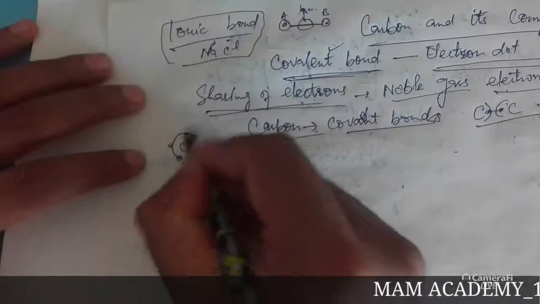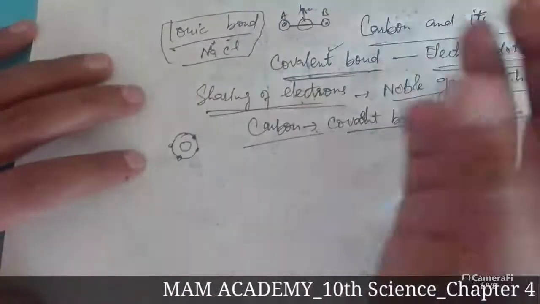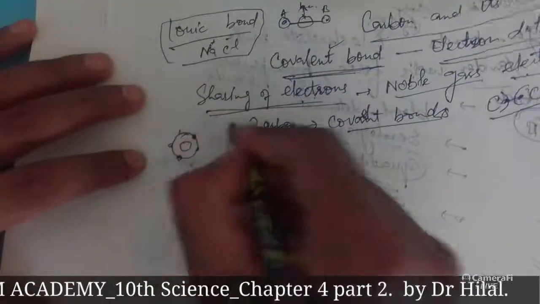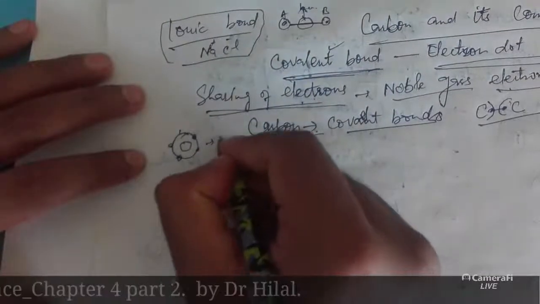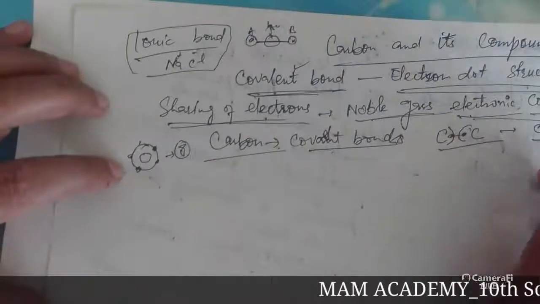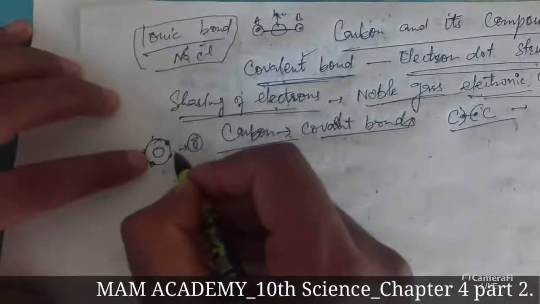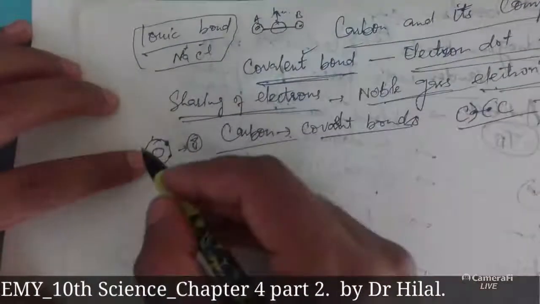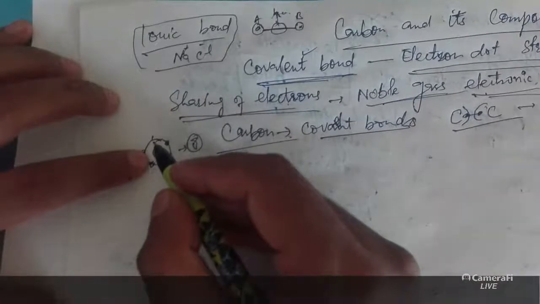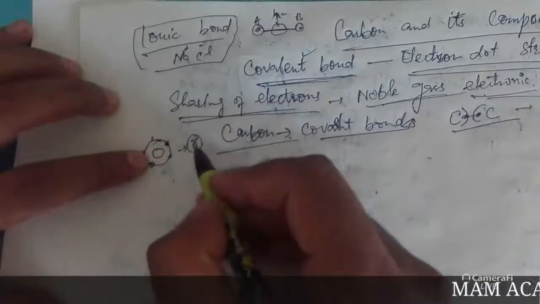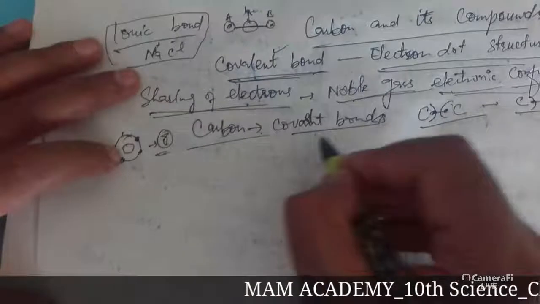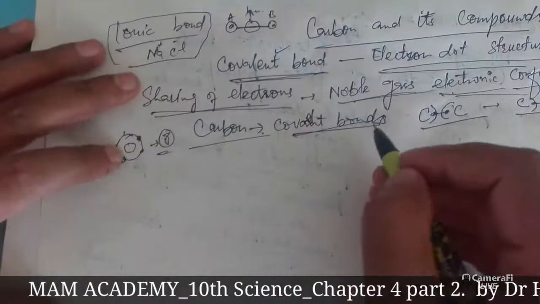It cannot give these 4 electrons, or take 4 more electrons from another atom so as to reach 8 electrons and attain the noble gas electronic configuration. It needs more energy for carbon to pull 4 electrons from other atoms, so that is why carbon prefers covalent bonds only.